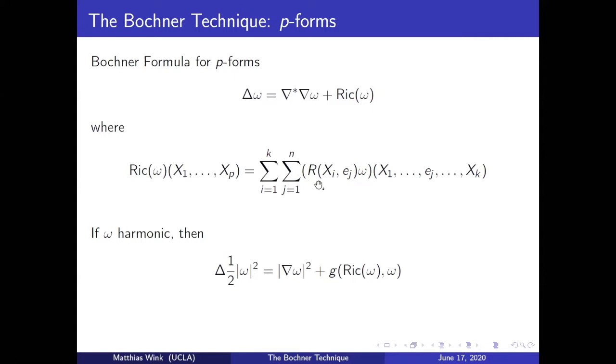More precisely, we'll take a vector field xi, and in the ith component, we'll plug in ej, which is an orthonormal basis of the tangent space that we're looking at. Then we want to sum over ej and go over xi through all the positions.